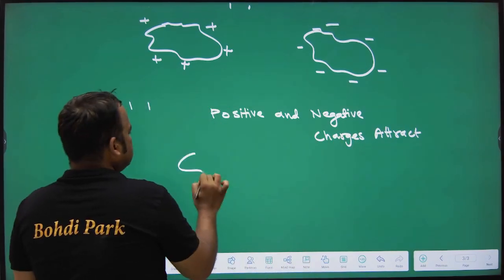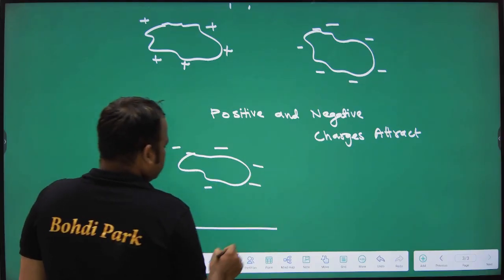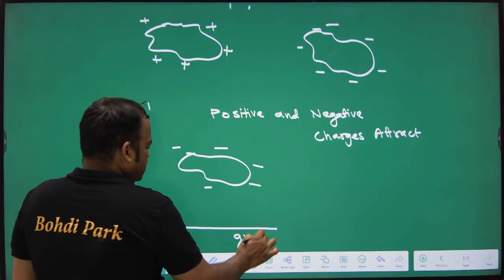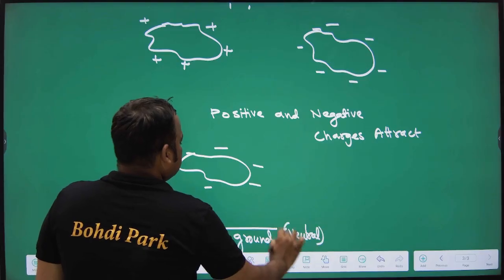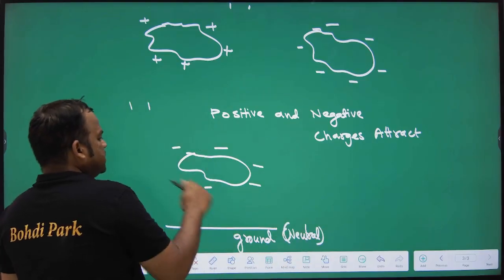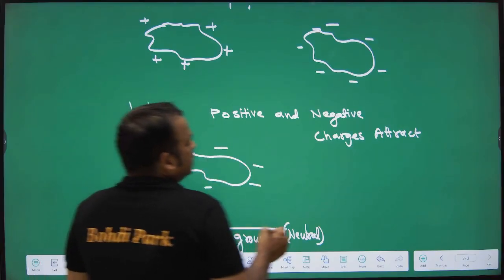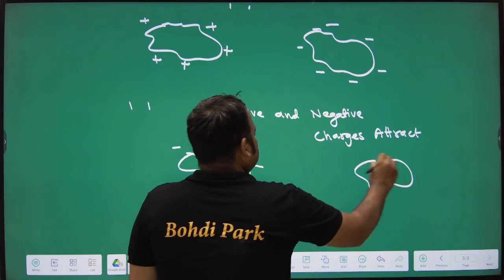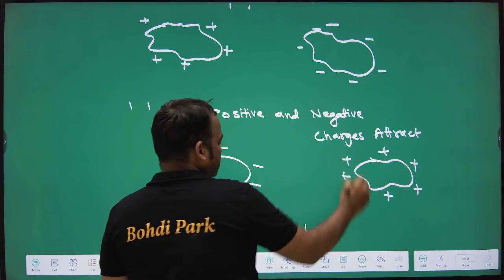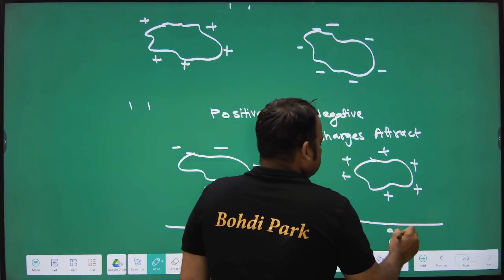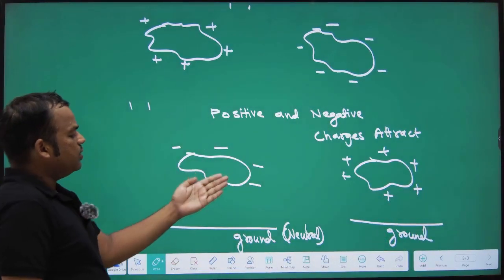And sometimes the negative charges are attracted to the ground also. The ground is said to be neutral, so the negatively charged cloud is attracted to the ground, and the positively charged cloud is also attracted to the ground.